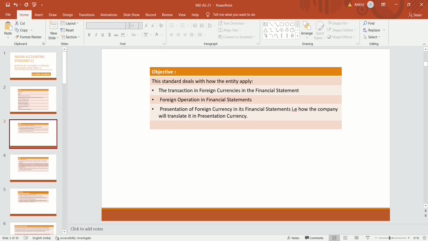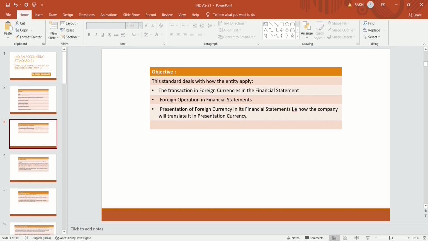the functional currency separately. The standard generally deals with the functional currency, the foreign currency and the presentation currency, and also the foreign operation. Functional currency is what? It is not the currency of the country where the entity is domiciled.